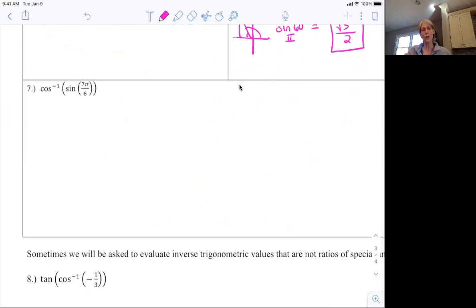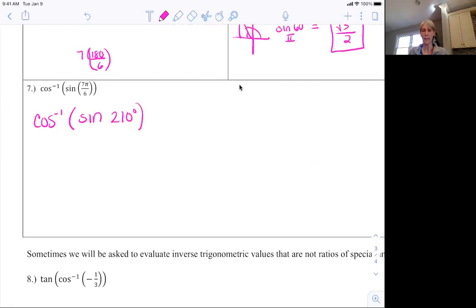The angle whose cosine is the sine of 7π/6. Right off the bat, I hate 7π/6, so we're going to change our angle to degrees. 180 divided by 6 is 30. 7 times 30 is 210.